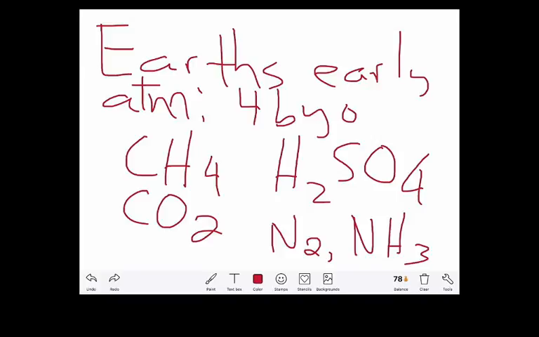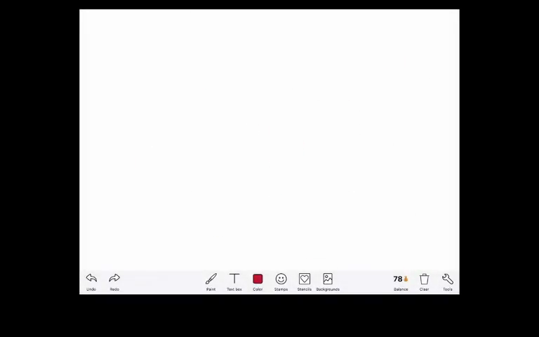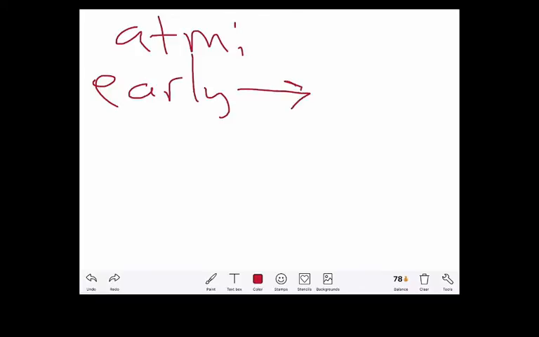But then something happened that transitioned Earth's atmosphere from the early atmosphere to what we see today.